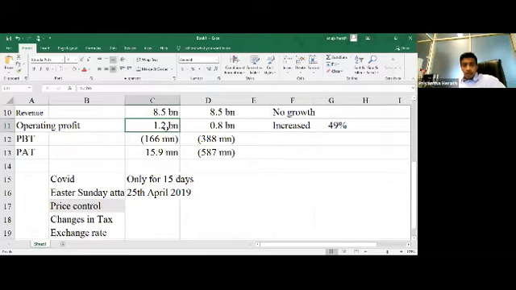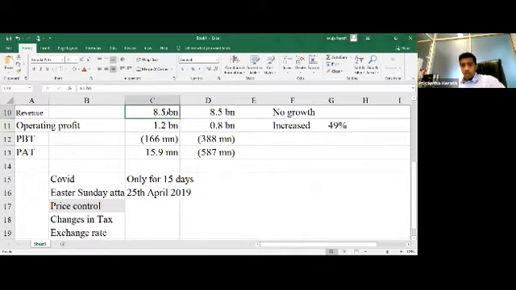Now, as I told you, the normal relationship between revenue and operating profits is positive. If you increase revenue, you can expect an increase in profit as well. But in this case, they maintained the same revenue but increased profits. And this is challenging when you consider the challenges created by the environment in that year.